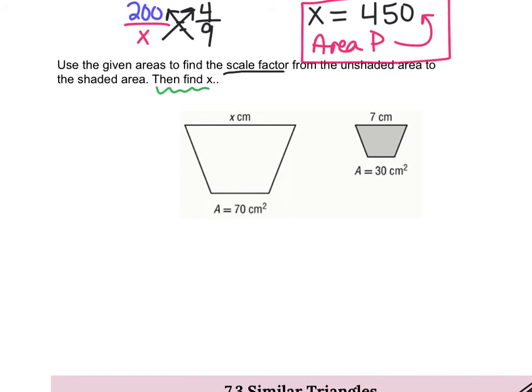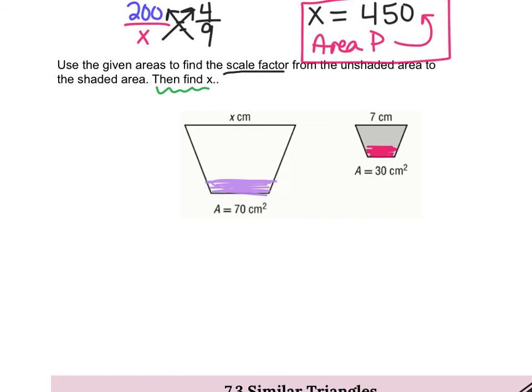So here we are going from unshaded to shaded. Just for consistency purposes, I will color the images for you so you know where the numbers come from. The unshaded will be purple, and the shaded will be pink.